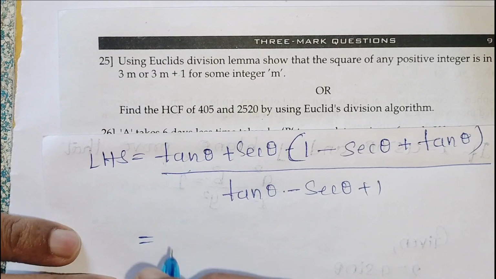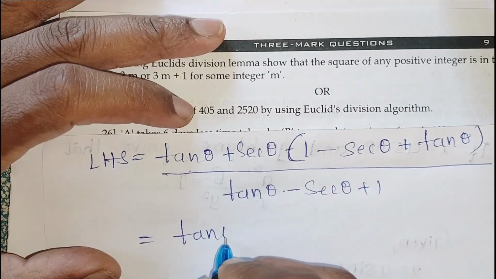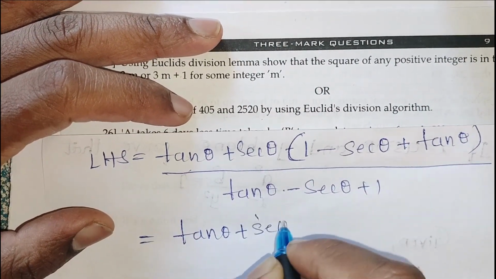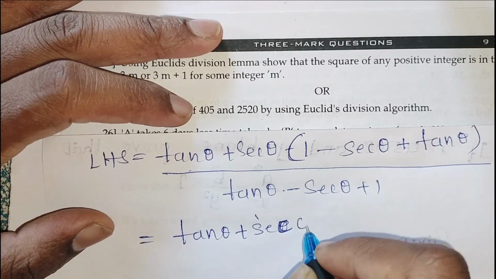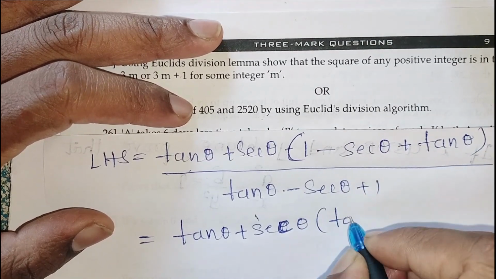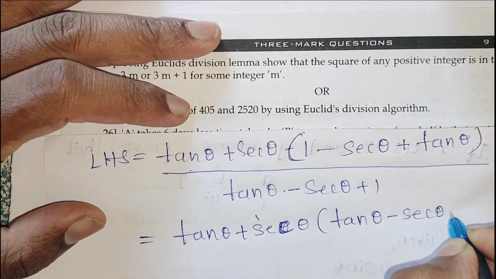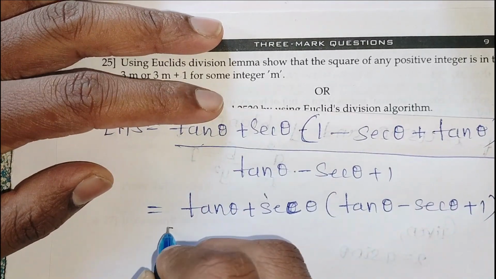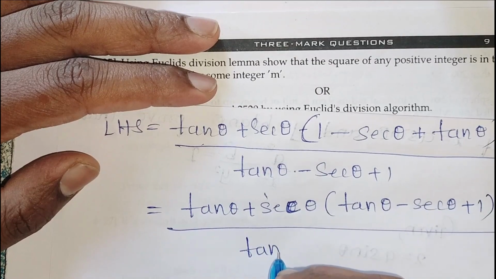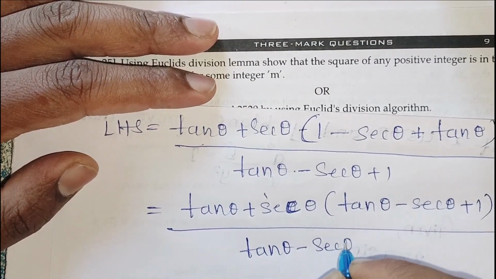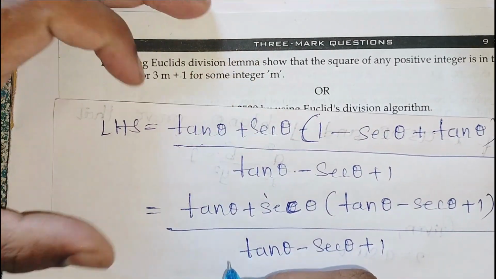and further going, tan theta plus secant theta, and here this can be rewritten as tan theta minus sec theta plus 1, and here it is tan theta minus secant theta plus 1.